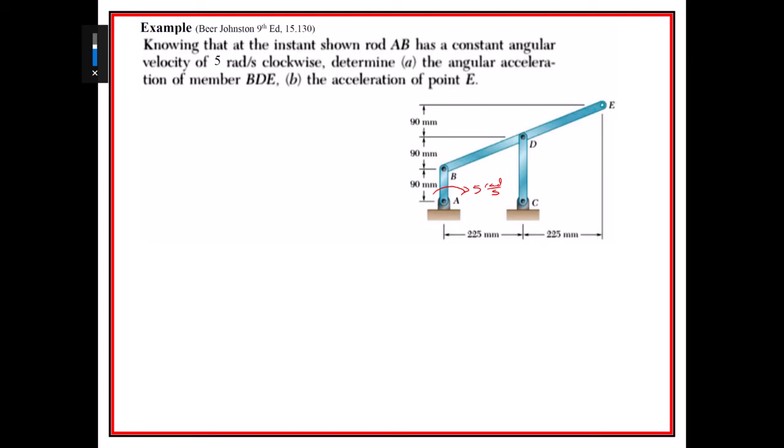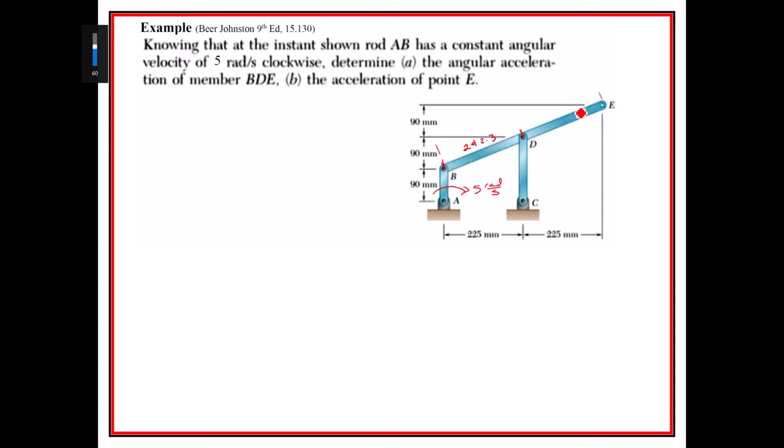Okay, some dimensions that would be helpful to us. They only gave us the horizontal and vertical dimensions. If we take the square root of 90 squared plus 225 squared, we find that this is 242.3 millimeters.